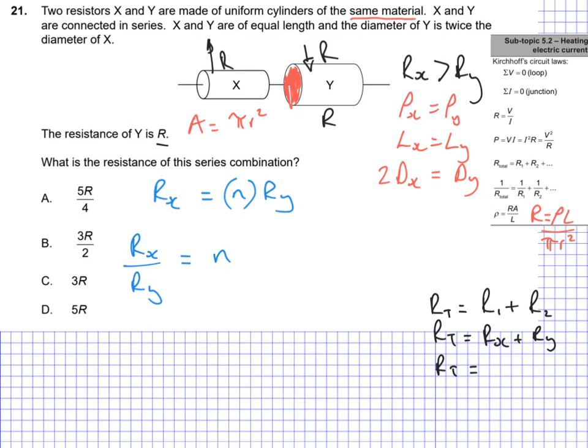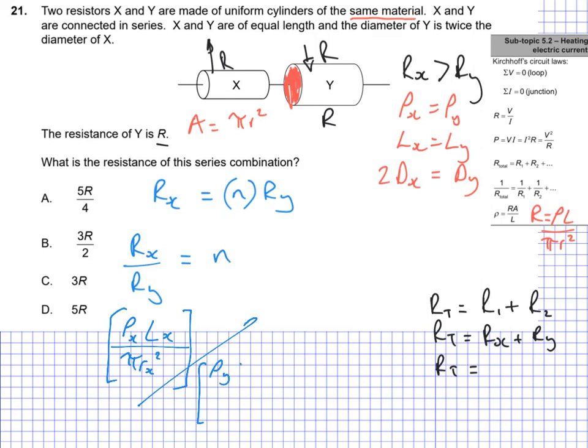We're just going to put it into a ratio. So Rx is going to be rho x, which is the same as rho y, multiplied by the length x, divided by pi Rx squared. And then I'm going to divide by the same, but with regards to y.